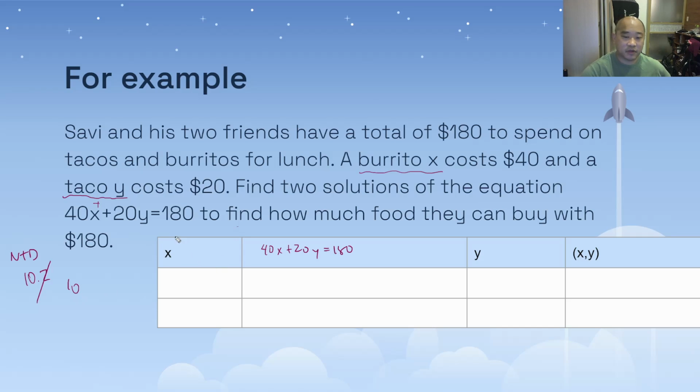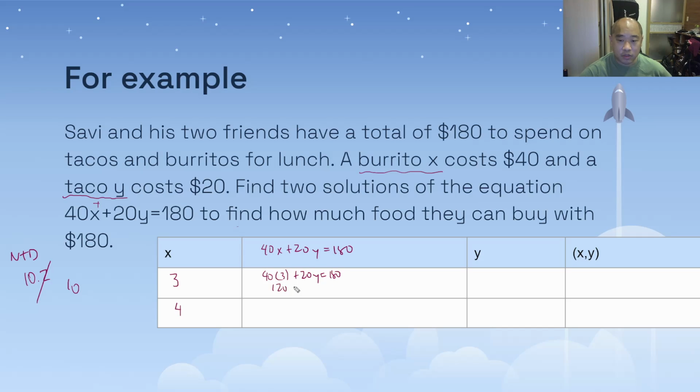So let's figure this out here. Let's find some solutions for how much food they can buy. Now burritos are awesome, so I'm going to put 3 here, 3 burritos, and then I'm going to put four burritos here because I like burritos more than I like tacos. So burritos is X, 40 times 3 plus 20y equals 180.